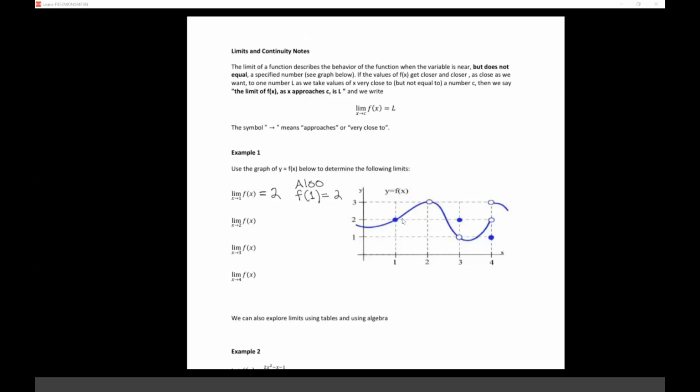And it just so happens that right at x equals 1, y is exactly 2. That's what I wrote here with function notation, f of 1 equals 2. So the limit as x gets close to 1 is 2, and also f of 1 is 2, because the function is nice and smooth and well behaved here. There's no weirdness at x equals 1.